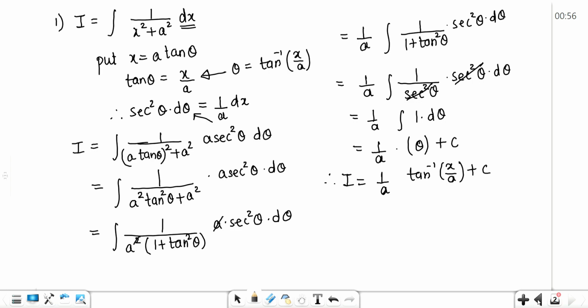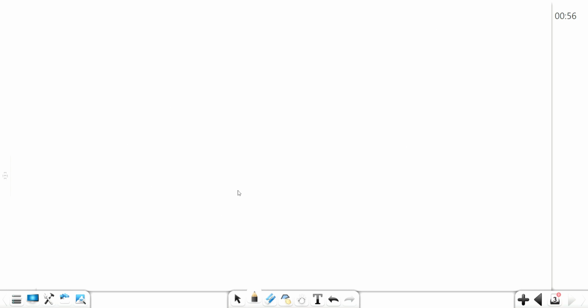Now we'll move on to the next proof, where we have I is equal to the integral of 1 upon x square minus a square dx. We have to prove this. Proving this is very simple, but you have to split this term. Before splitting it, we will multiply and divide by 2a.